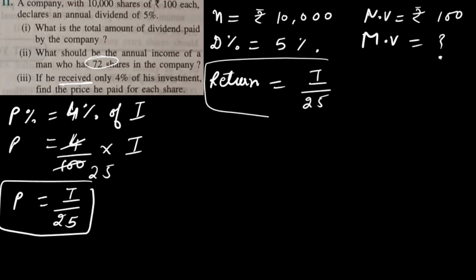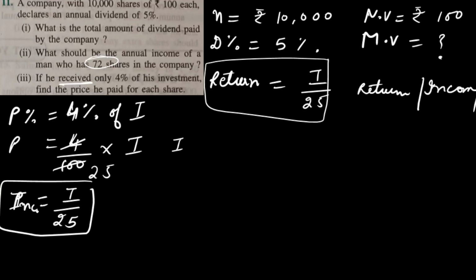This thing you have to understand. I have already explained many times that return, income or profit can be used interchangeably. It is the second formula which we used earlier. Income is equal to number of shares into dividend percent into nominal value.